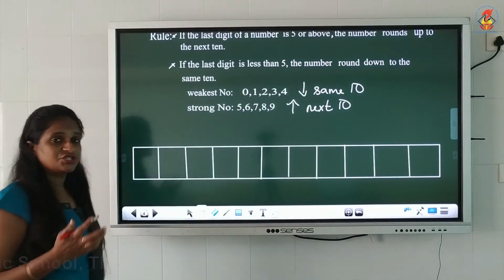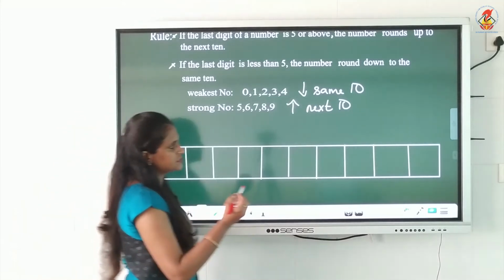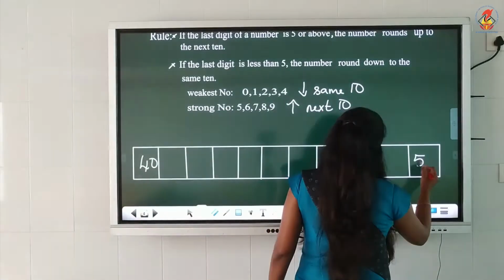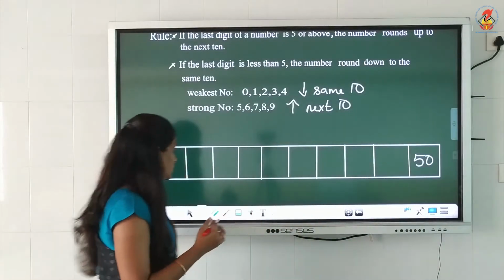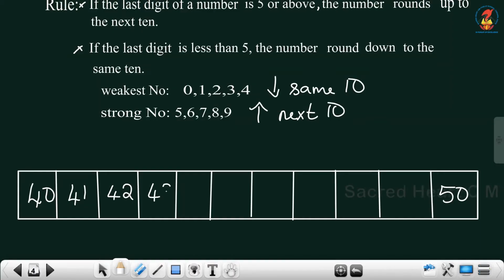So I am just taking two numbers. I am taking 40 and 50. So let's write the in-between numbers 41, 42, 43, 44, 45, 46, 47, 48, 49 and 50.